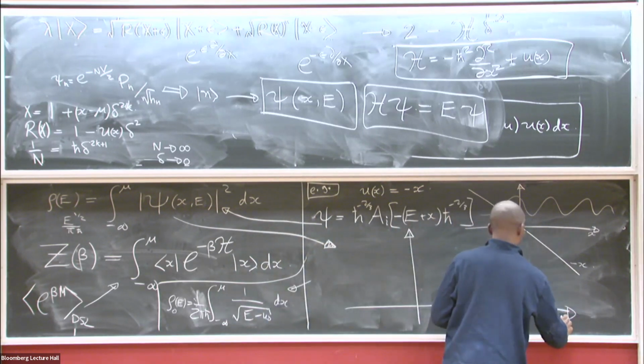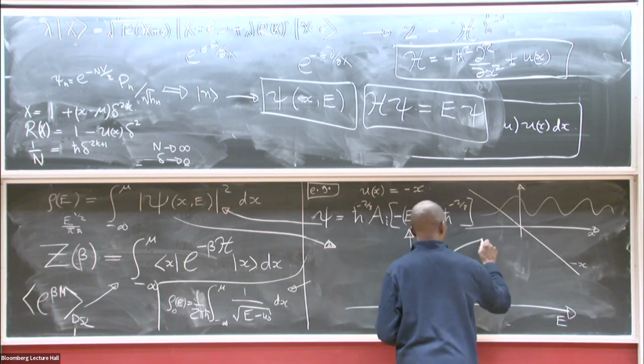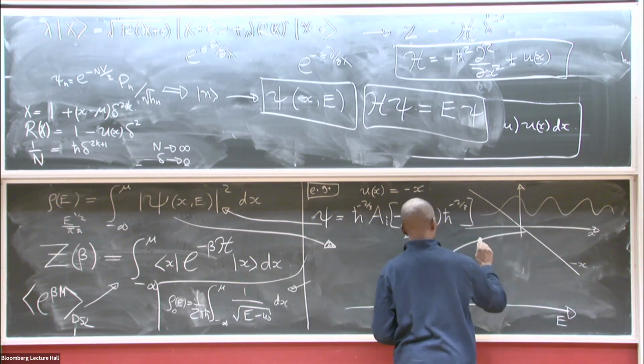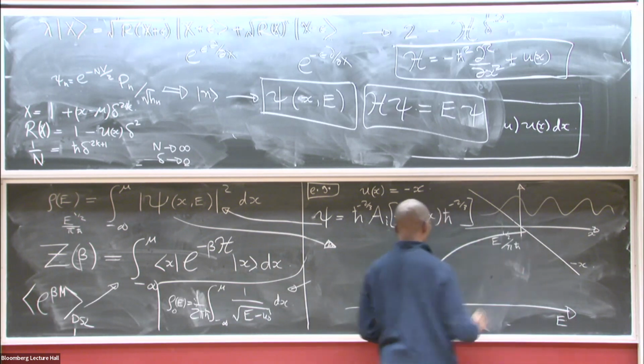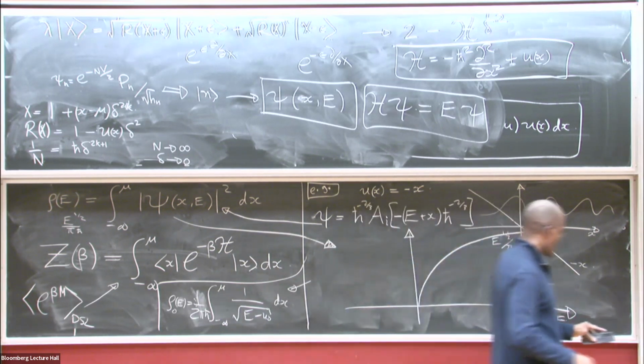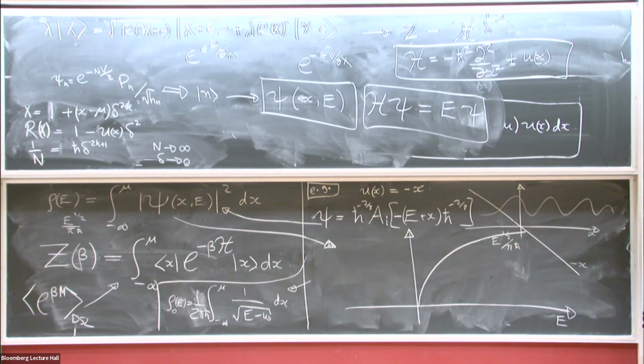Okay, so I have E. The leading behavior is E to the half over pi h bar, as we saw. And then there are corrections.